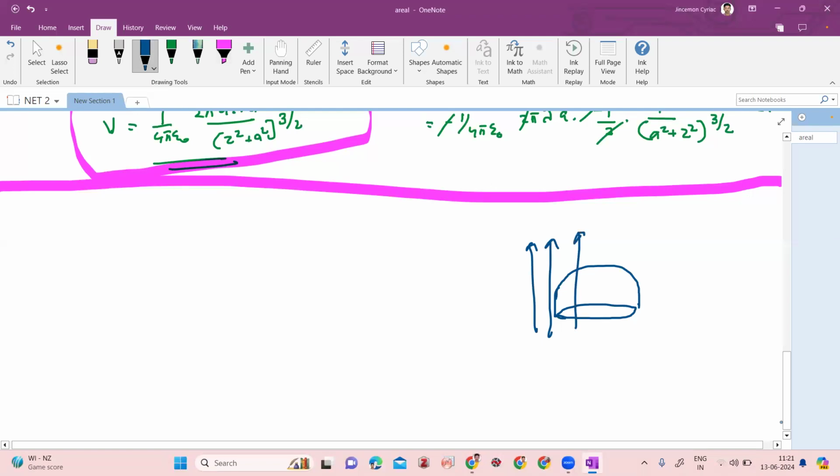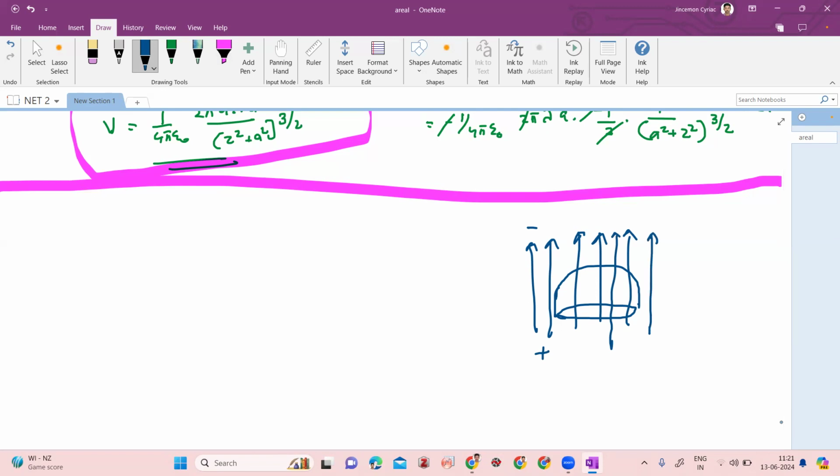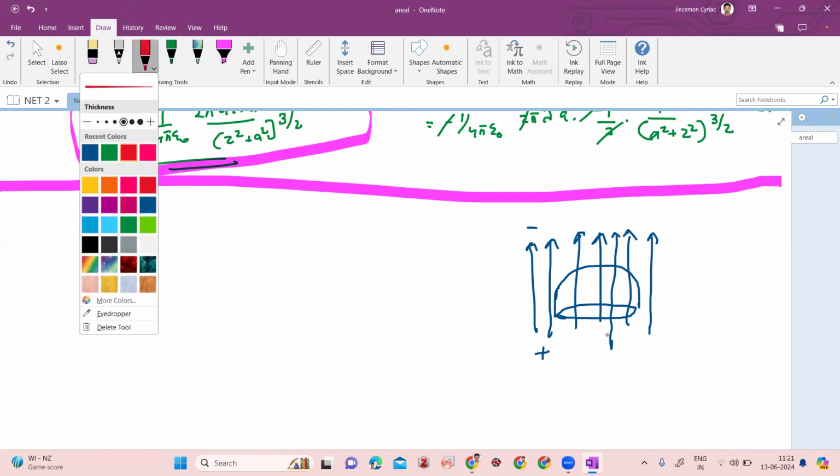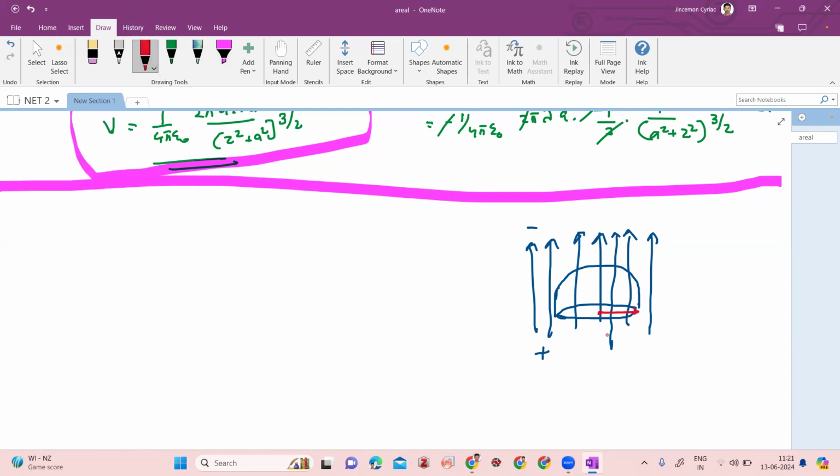Consider these are electric field lines passing from, that means we know that this is positive, this is negative. So field lines pass from positive to negative, and the hemisphere has radius capital R. So the radial value here is equal to capital R.